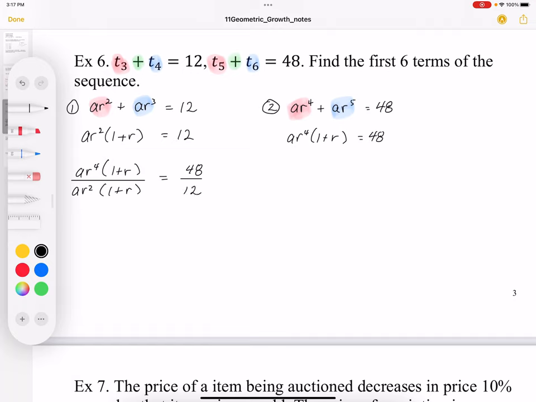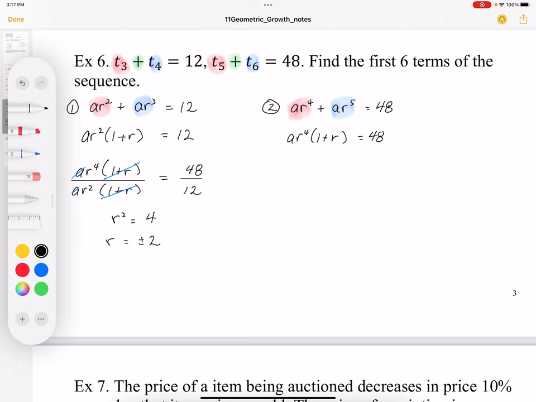Okay, in this case I've set this up as a ratio because now I can cancel out the 1 plus R terms, and I can simplify that fraction. The A's cancel out as well. I can simplify the R expression, so this becomes R squared is equal to 4. And this allows me to solve for R as plus or minus 2.